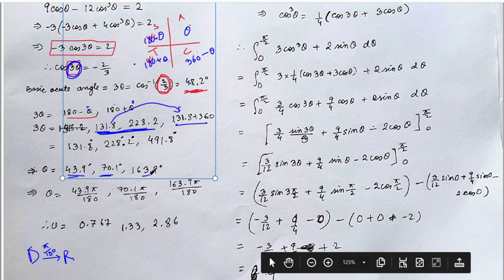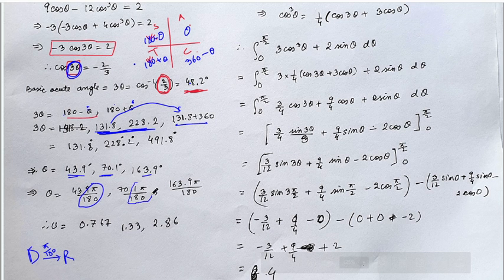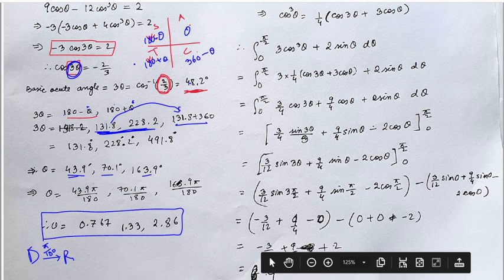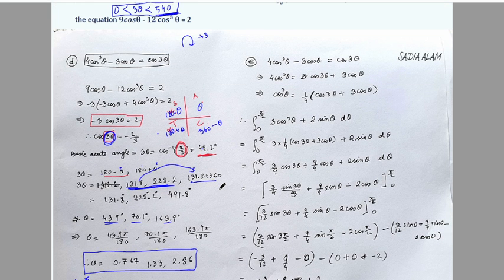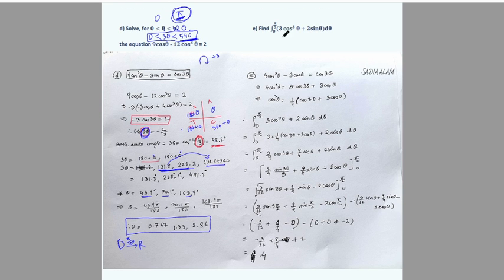So with these 3 values, I am just multiplying by pi by 180, pi by 180, pi by 180. And then from the calculator, you will get these final 3 values. So this is part D.